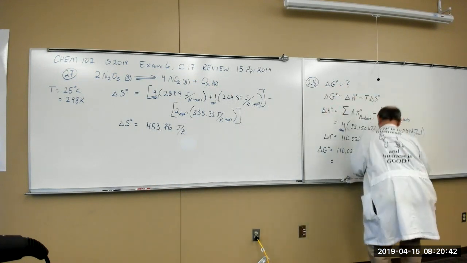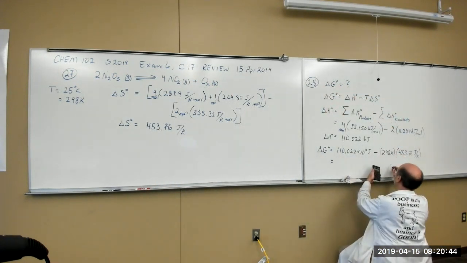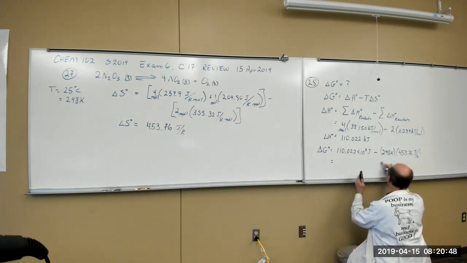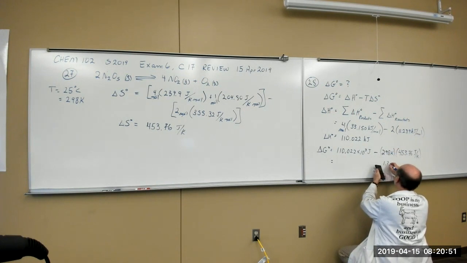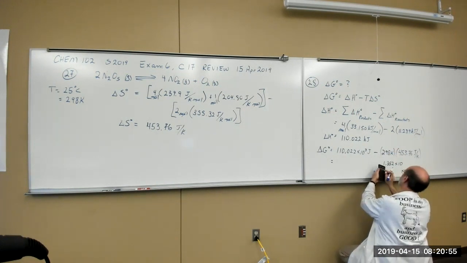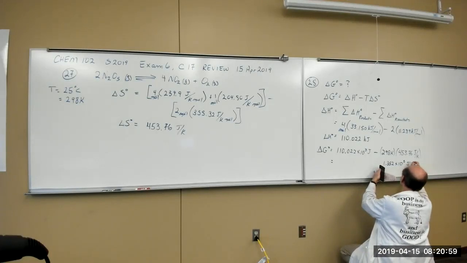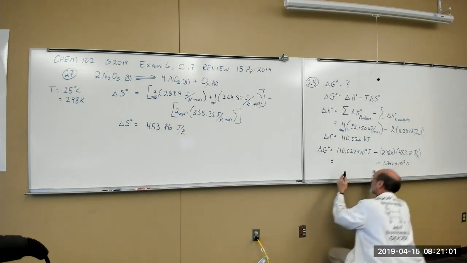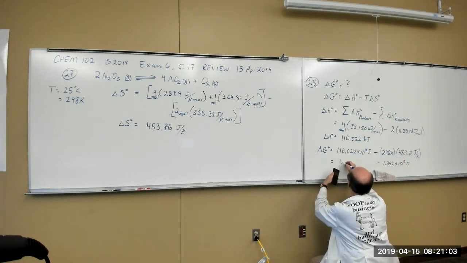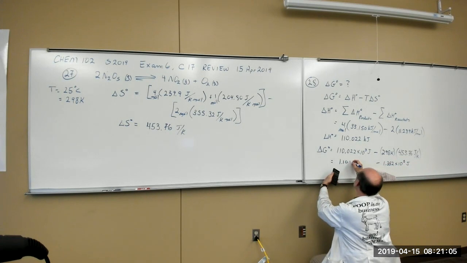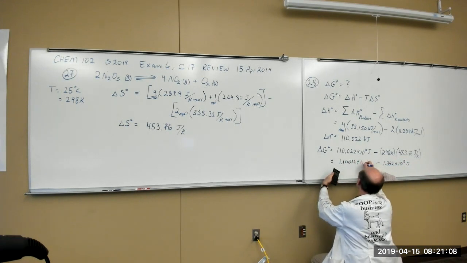This one is 1.something times 10 to the 5 joules. And this one is 1.10 times 10 to the 5th joules.